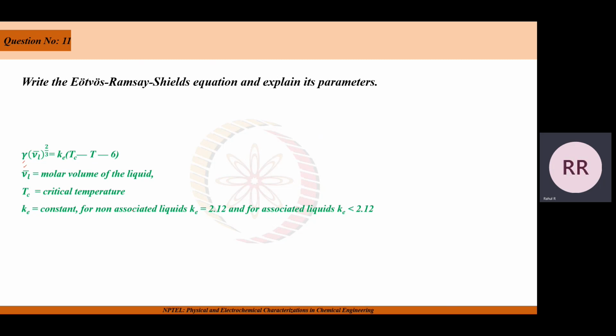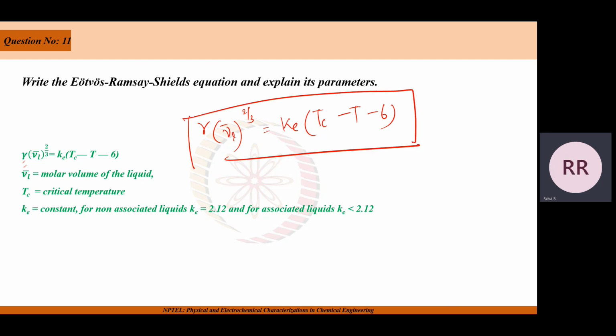Ke is a constant; for non-associated liquids the value is taken to be 2.12, and for associated liquids the value is less than 2.12. So this is the equation.